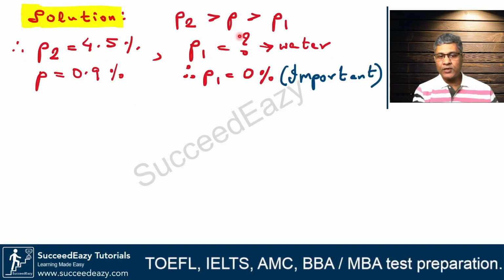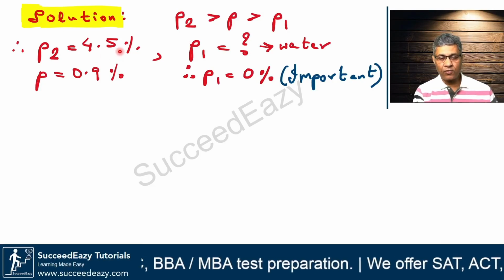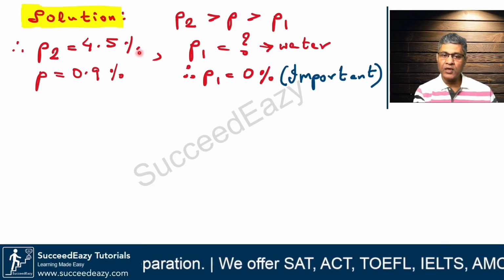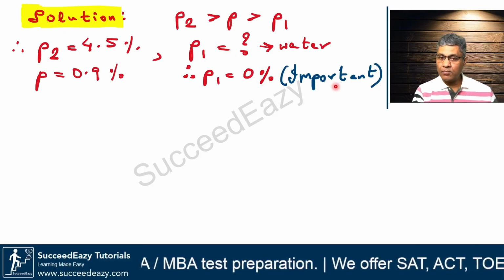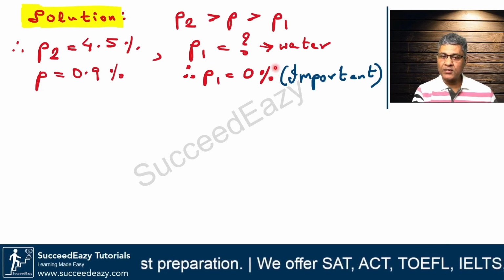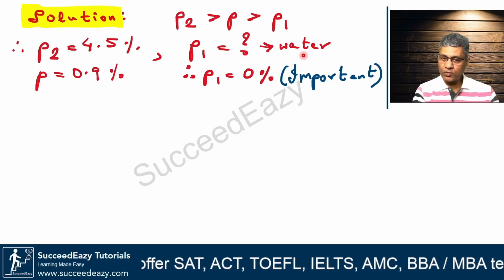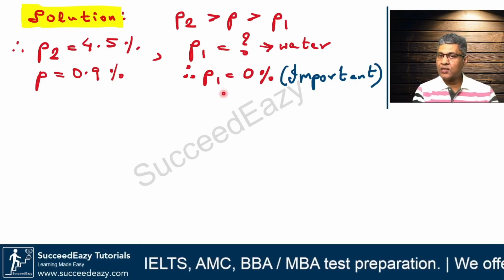Taking P2 greater than P greater than P1, the greater concentration is 4.5%. So I'm taking P2 equals 4.5%, and for P1 the concentration is not given, but it is important to note that since it is pure water, the concentration of water will be taken as 0%. This is an important step.